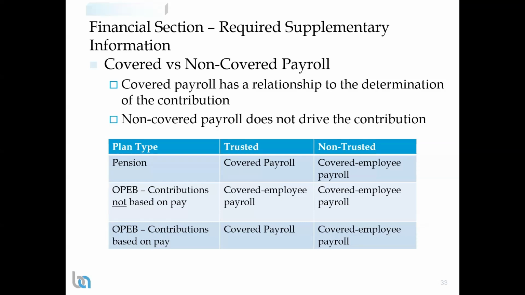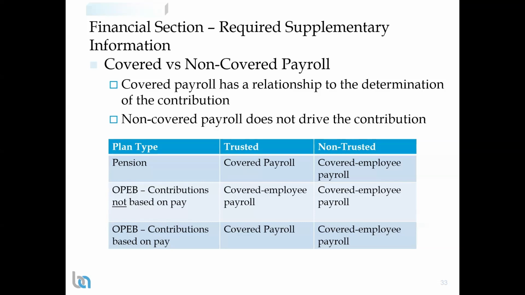So covered payroll would be used for your CalPERS disclosures. But you wouldn't necessarily use it for your OPEB disclosures. If an employee earned more, it doesn't mean that you have to also contribute more to your OPEB plan, unless you've stated it that way. So covered payroll is going to be used in those situations.